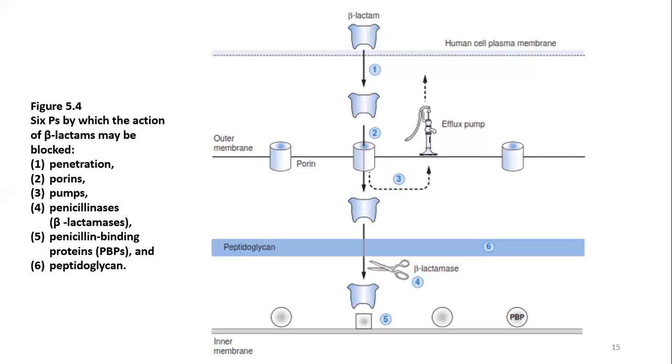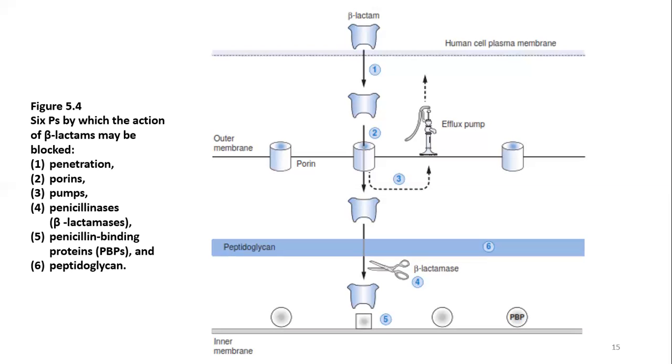They modify their penicillin binding protein, so the penicillin cannot then bind to it. So this is also a type of resistance, and this resistance is produced by Streptococcus pneumoniae. Some strains of Streptococcus pneumoniae produce these modified penicillin binding proteins.